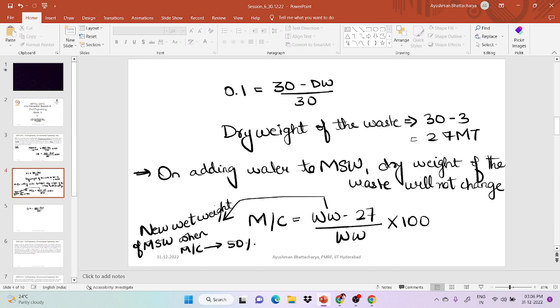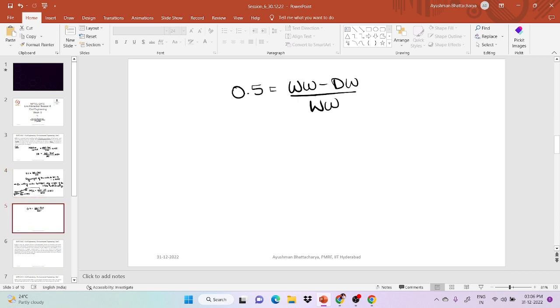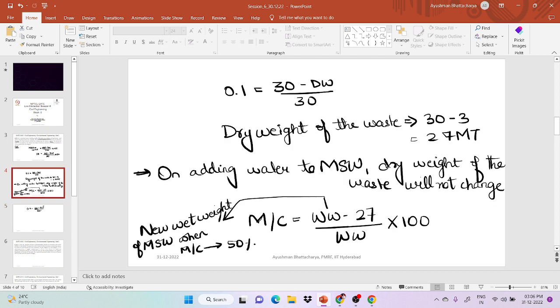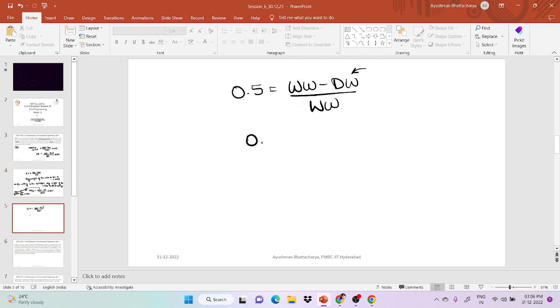The dry weight we know is 27 metric ton. So if you calculate, you will find that the weight of the wet waste will be 54 metric ton.